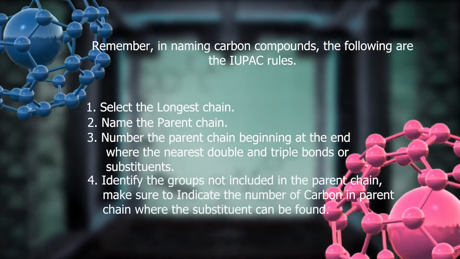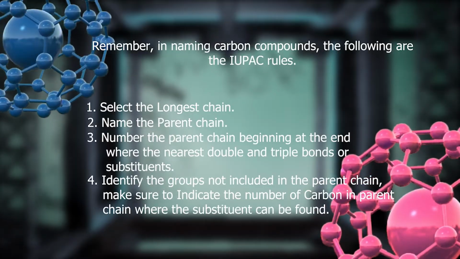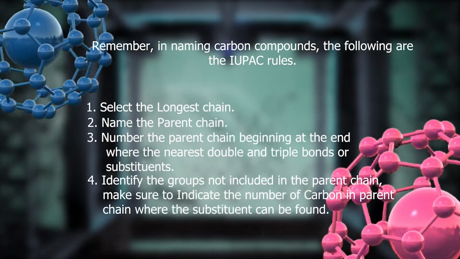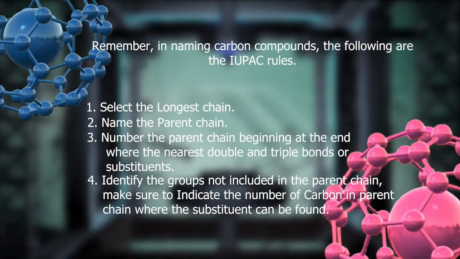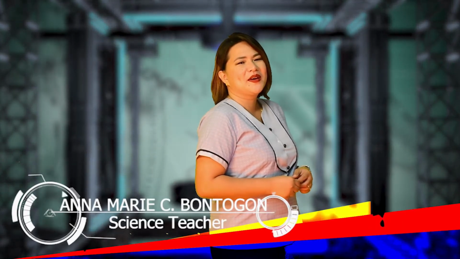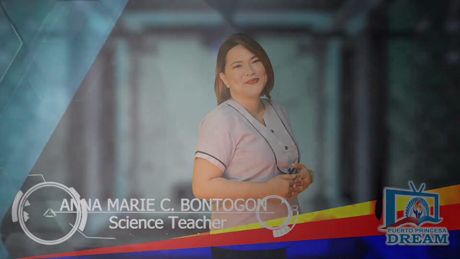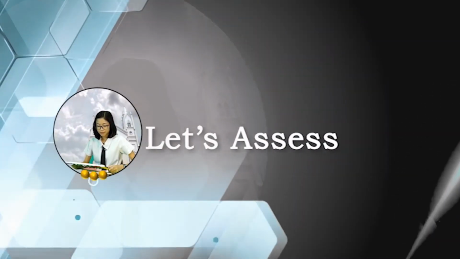Number 4, identify the groups not included in the parent chain. Make sure to indicate the number of the carbon in the parent chain where the substituents can be found. You did a great job in answering your activities.